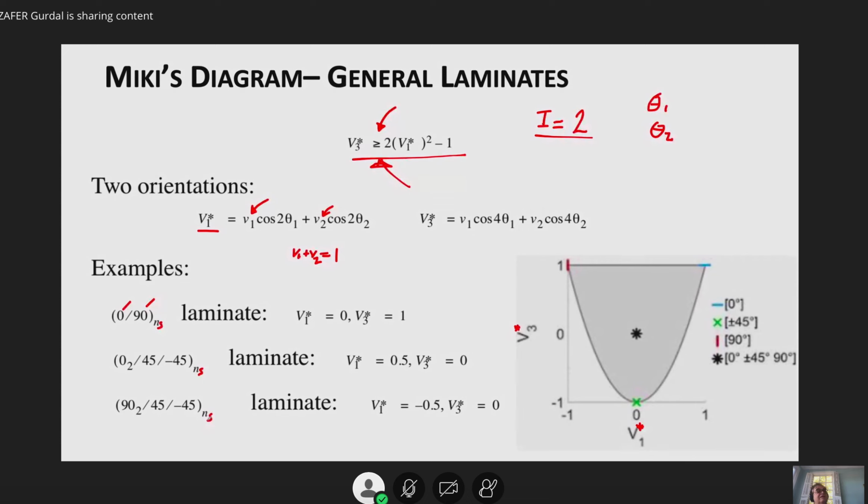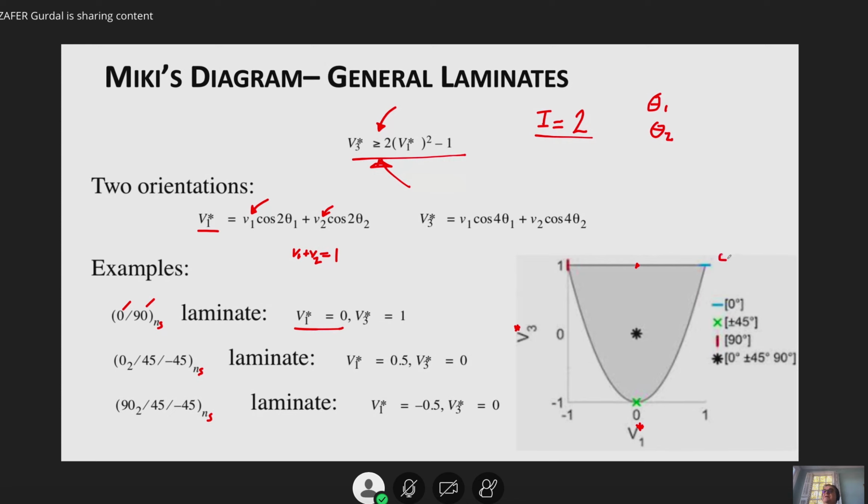So if you take just 50% 0 degree plies and 50% 90 degree plies, what we get is V1 star to be 0, and V3 star to be 1, which is going to be a point right here.